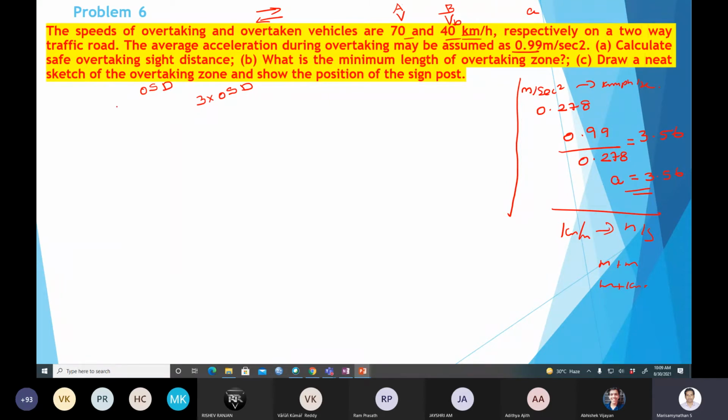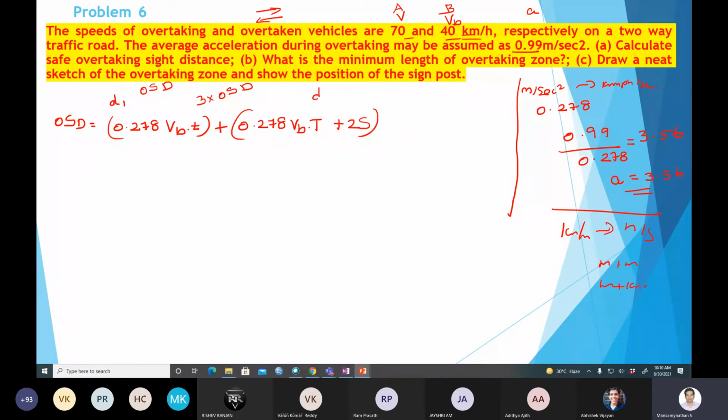It is simple, as in the previous problem. The OST equation is nothing but D1, which is 0.278 into the speed of the vehicle V into T, the reaction time. Next, D2 is 0.278 into VB into the time traveled from V1 to V2, plus 2S.